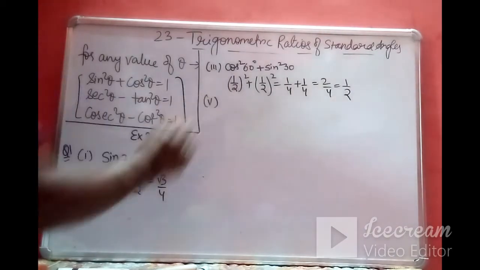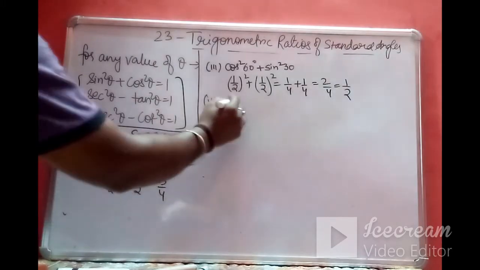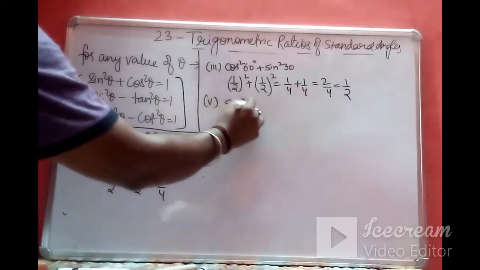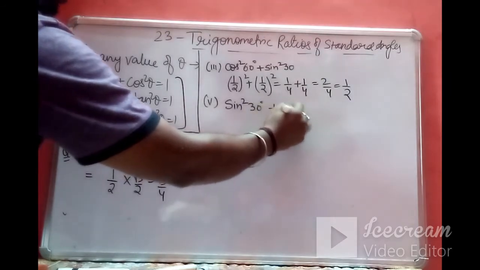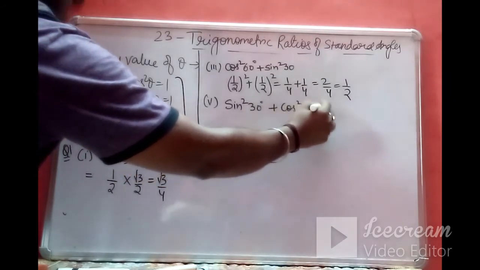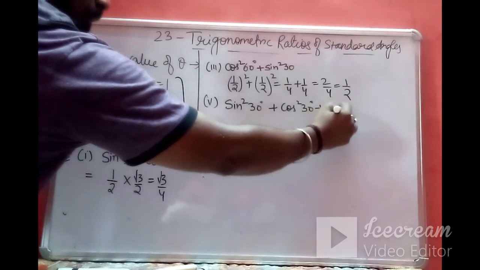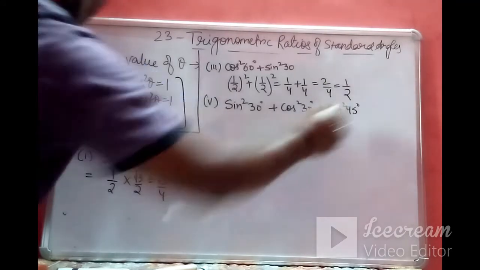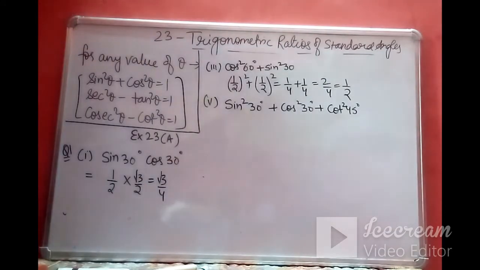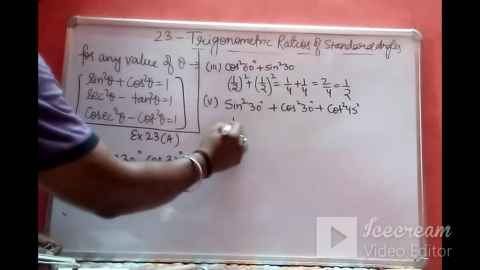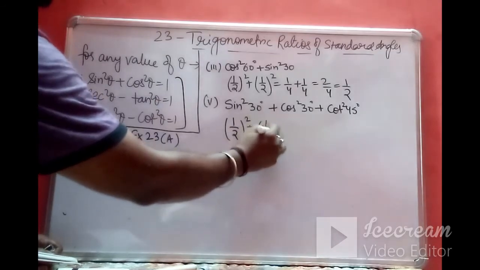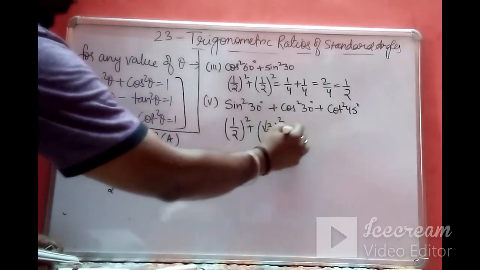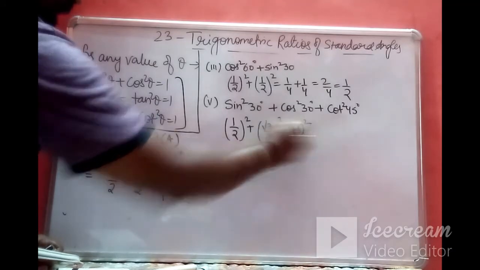Then suppose you have the expression sine square 30 degree plus cos square 30 degree plus cot square 45 degree. Okay, so put the values again. It is 1 by 2 whole square, root 3 by 2 whole square, and cot 45 is 1.